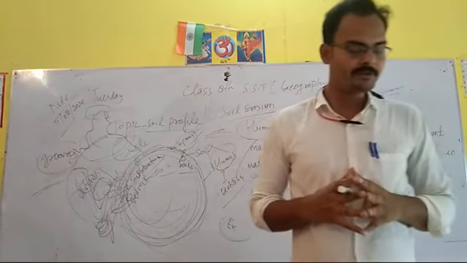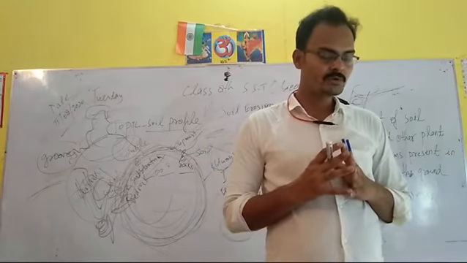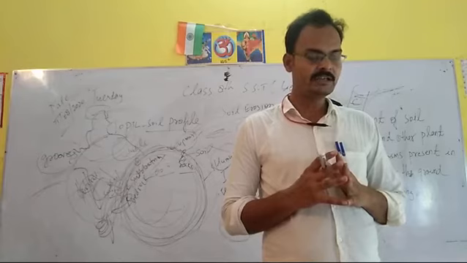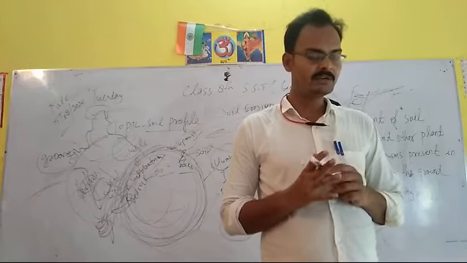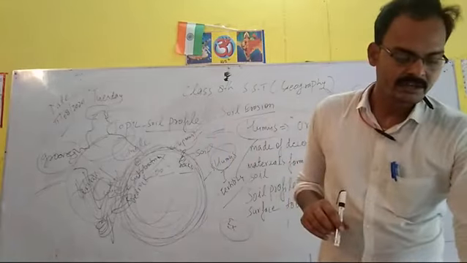What is contour ploughing? Ploughing parallel to the natural contours of the hill slopes rather than up and down a hill provides a natural barrier to the water that flows down the hill slopes.